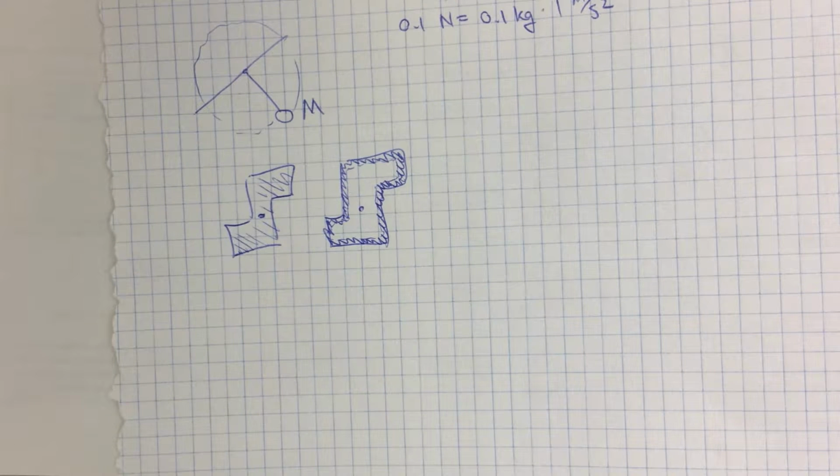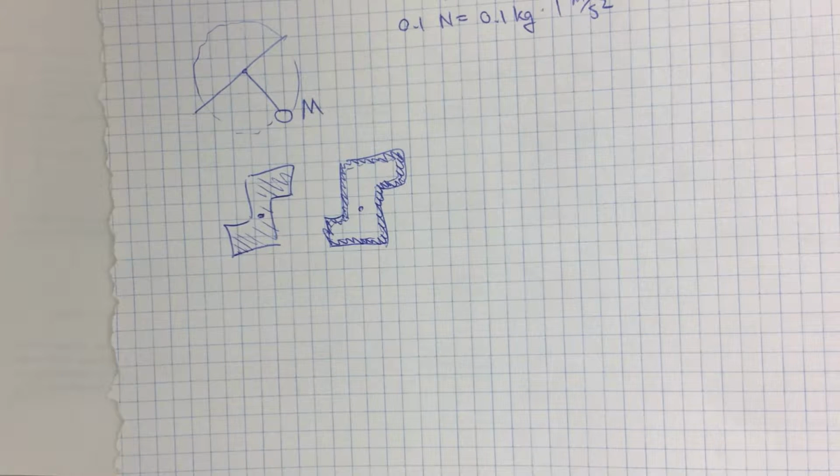A couple interesting consequences about things that are easier to spin. For example, if I take these two of equal mass, this is where I'm going to need your desk. So I apply this, it's the same radius, right? It's the same radius.